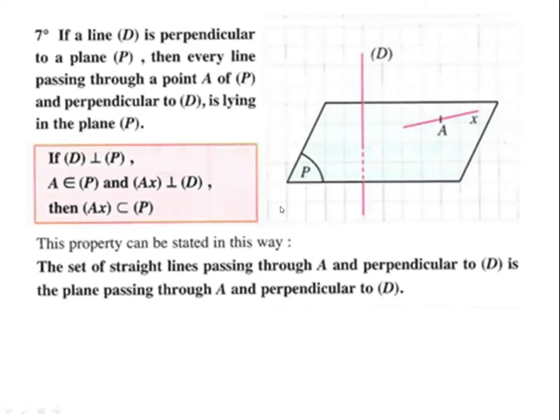If a line D is perpendicular to a plane P, and A is on the plane and AX is perpendicular to this line, then AX is in the plane.